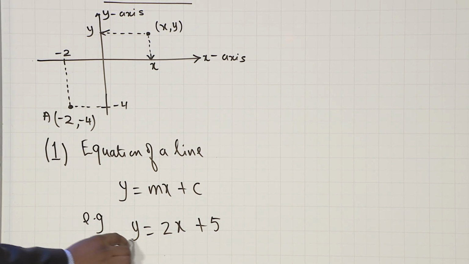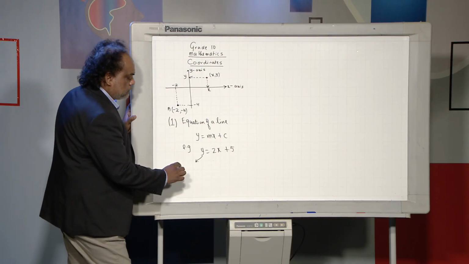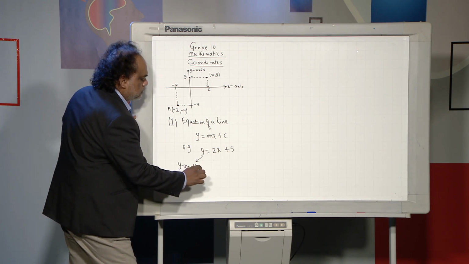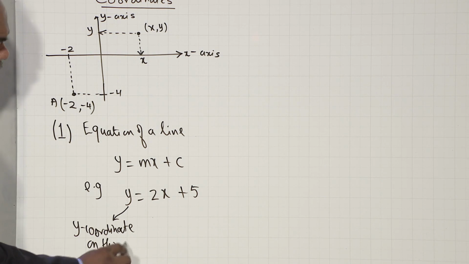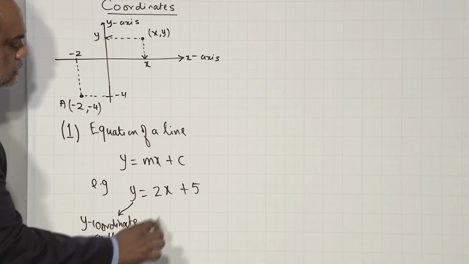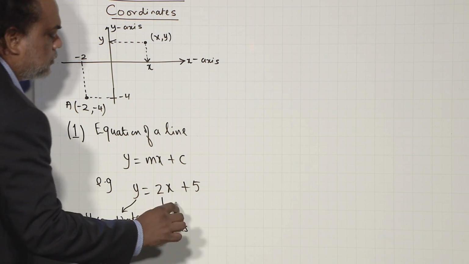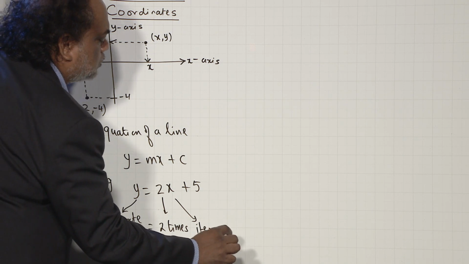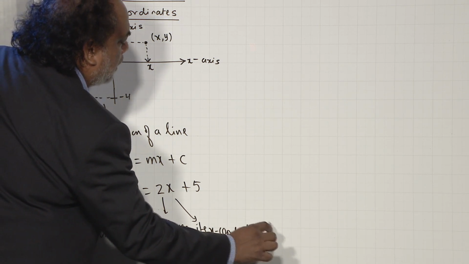In fact, the y means the y-coordinate on this line is equal to 2 times its x-coordinate plus 5.